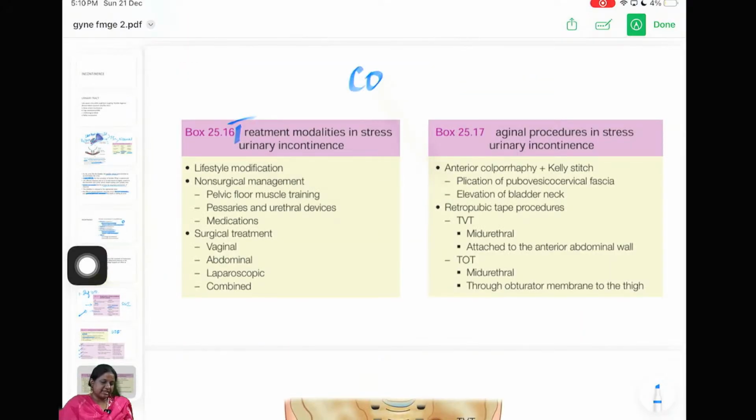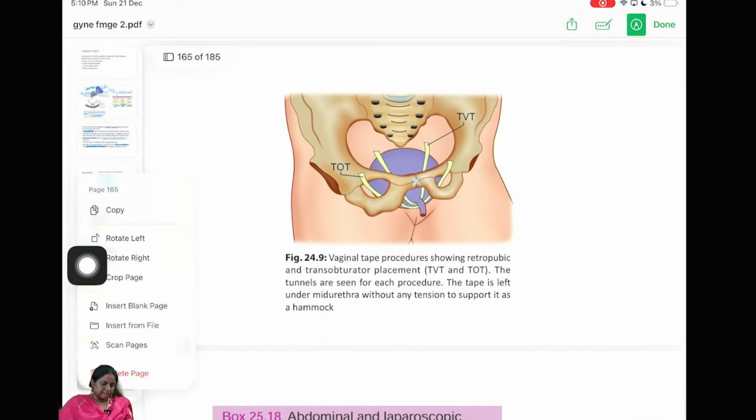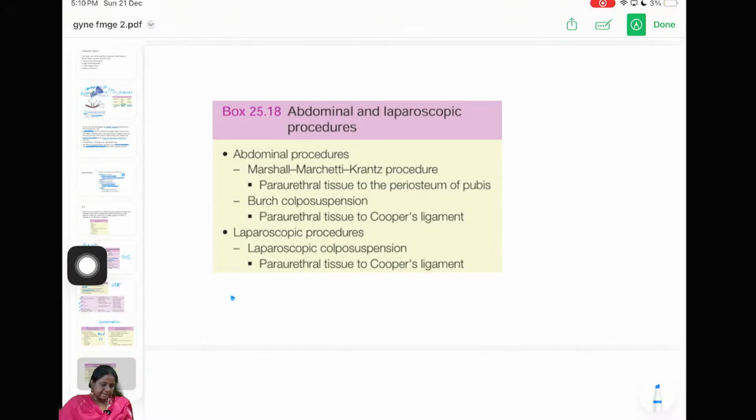As usual, it is conservative one step. That is, you ask them to do exercises, lifestyle modification, all that. Okay, and then it is going to be medical management and surgical management. Understood?